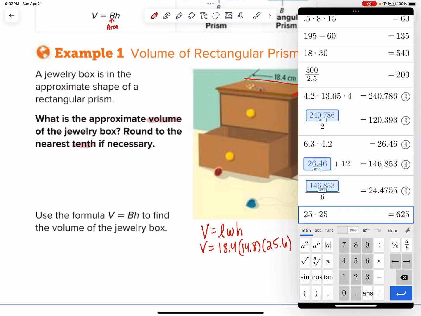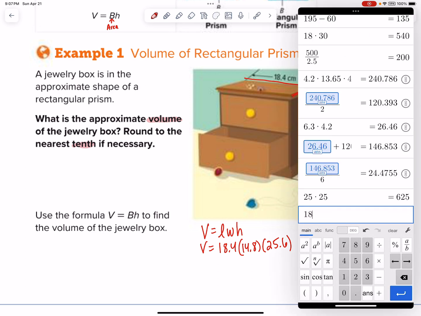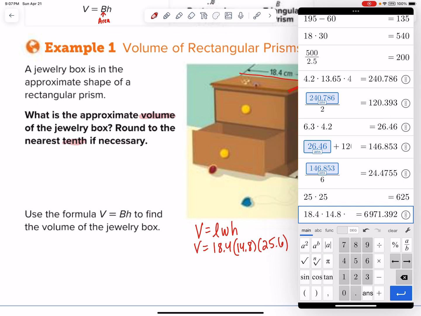All we're going to do is plug it all in. 18.4 times 14.8 times 25.6, and voila, you got your number.